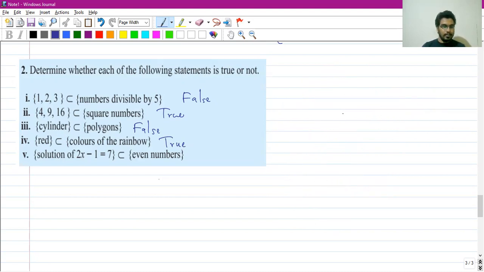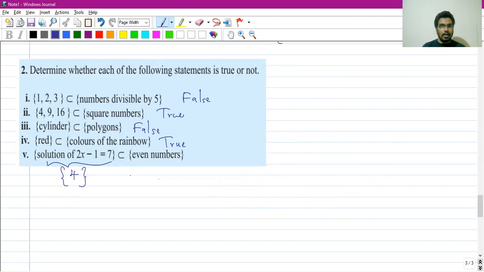Next one is a little bit different. Solution of 2x minus 1 is equal to 7. We have to find the solution of 2x minus 1 equal to 7. So 7 plus 1 is 8, and x is equal to 8 divided by 2, which is 4. Here, in the first set, the solution set is 4. Only 4 is the element.